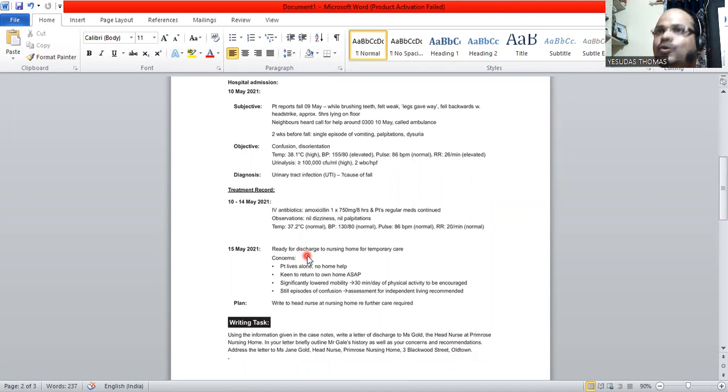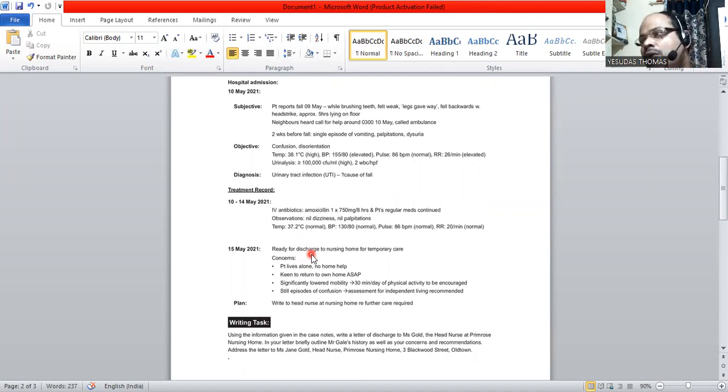Now, when he has got his condition stabilized, he is now ready for discharge. But he is not ready to get discharged to home because he's living alone and he doesn't have anyone to help there.